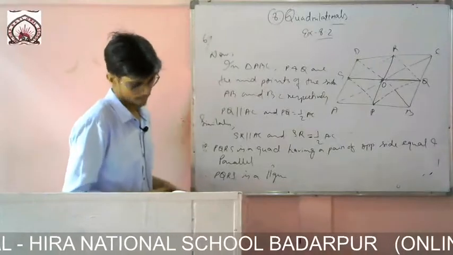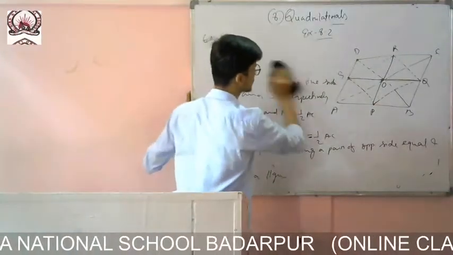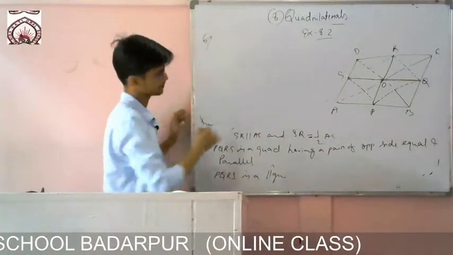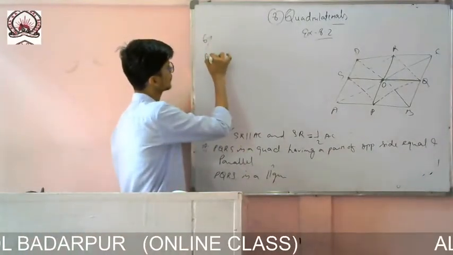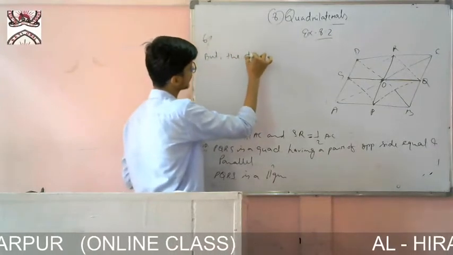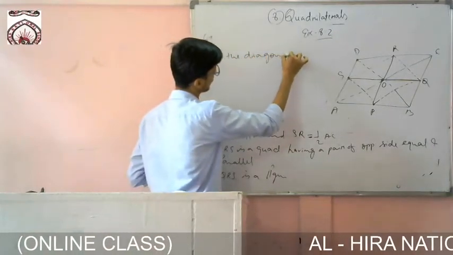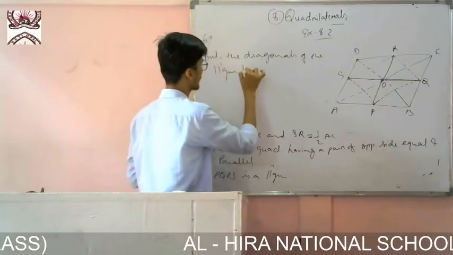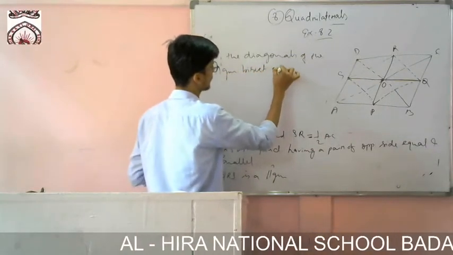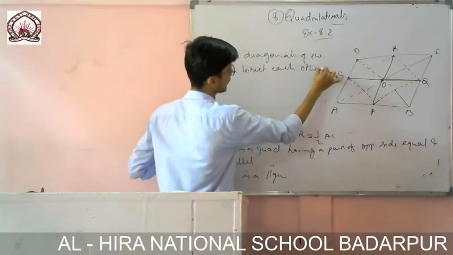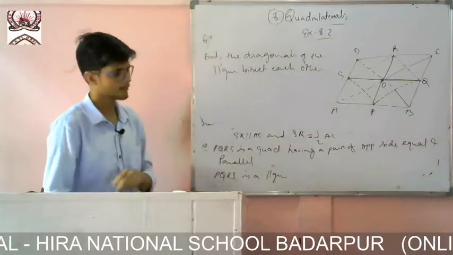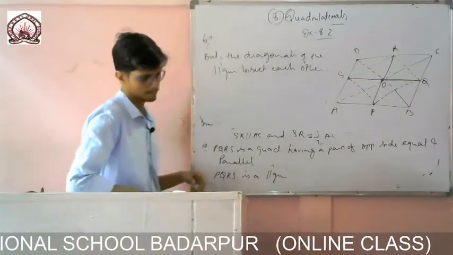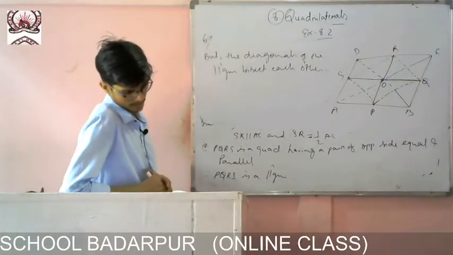Now, we know that the diagonals of a parallelogram bisect each other. That means PR and SQ bisect each other.